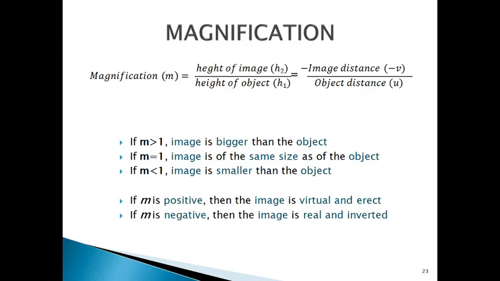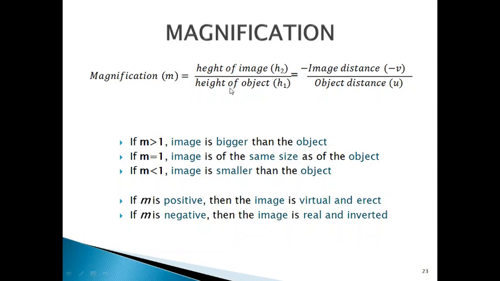Okay, now there is another term called magnification. Magnification produced by the spherical mirrors gives the relative extent to which the image of an object is magnified with respect to the object size. It is expressed as the ratio of the height of the image to the height of the object.